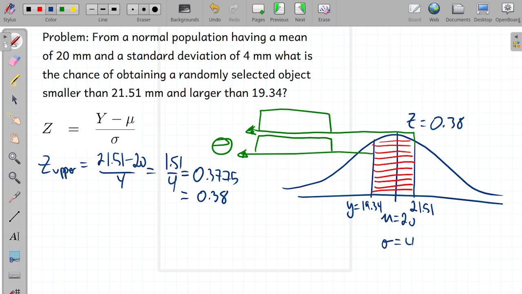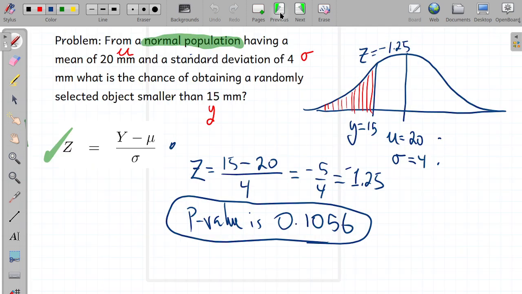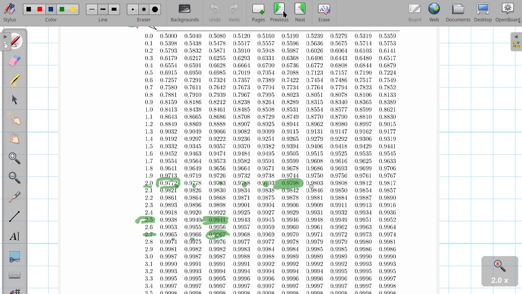Okay, let's go look that area up. One more time. Okay, we want 0.38. Let's use yellow this time. So here's the 0.3 line. That yellow might be a little weak. Okay, we're using green. So 0, 1, 2, 3, 4, 5, 6, 7, 8. 6480.